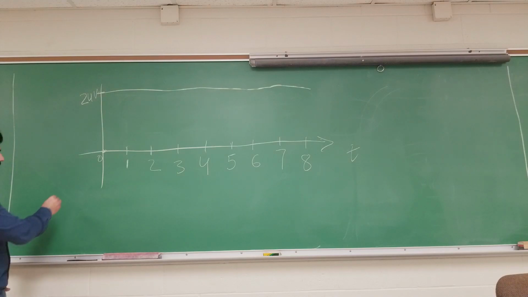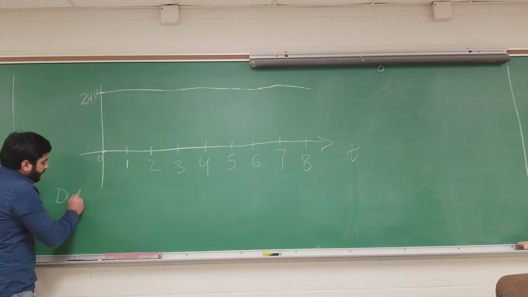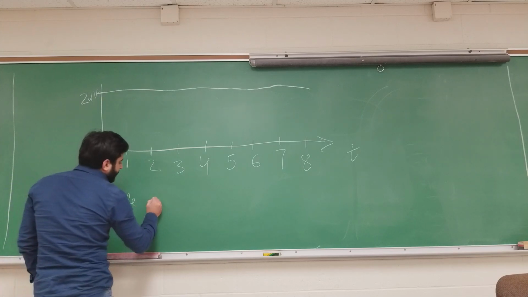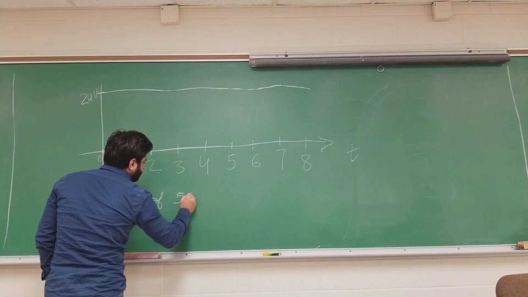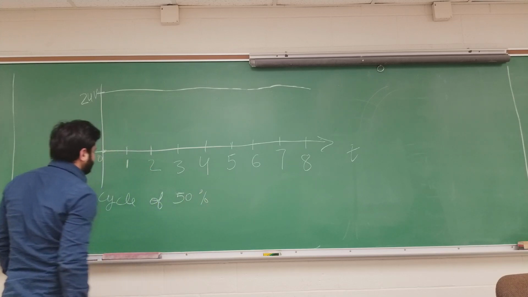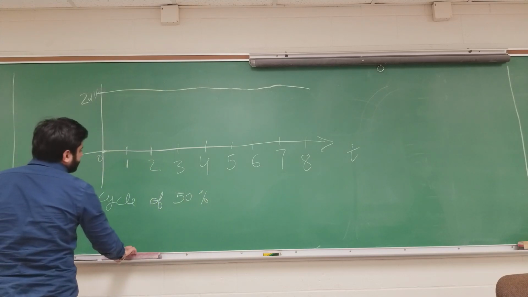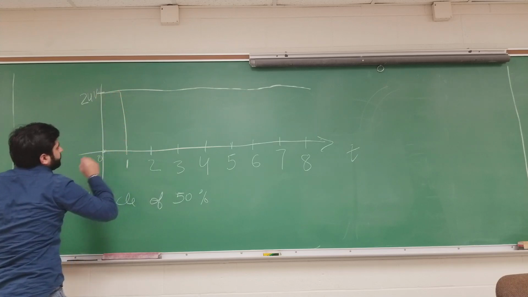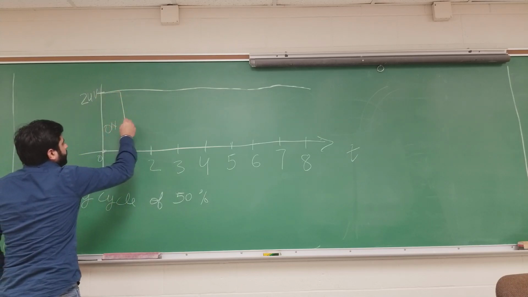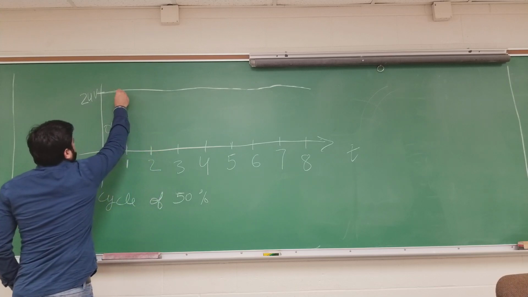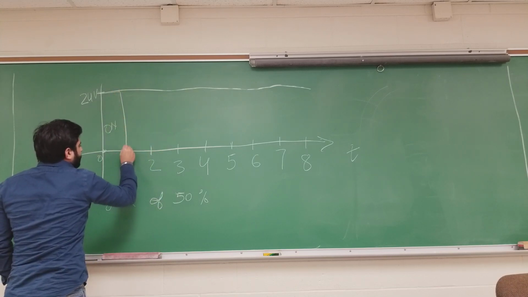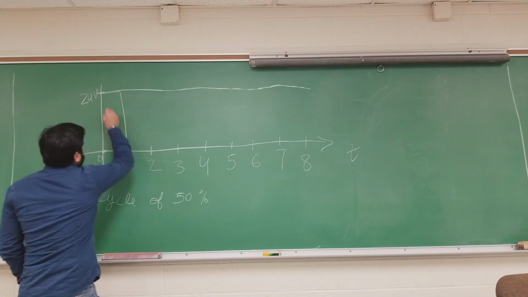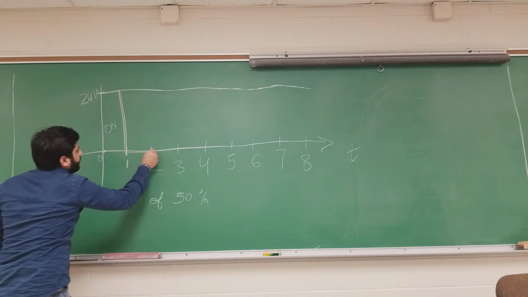Now, what if I want a duty cycle of 50%? So I will turn it off here, and when it reaches the first pulse, I just turn it off. So this is a high signal, and then this is a low signal.